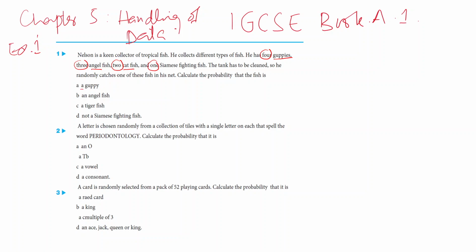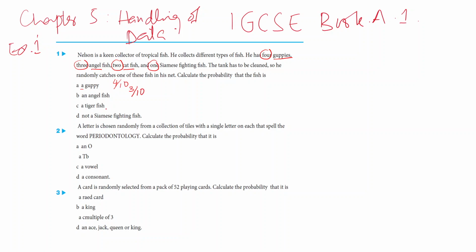So how many fish in total? 4 plus 3 is 7, 8, 9, and 10. In total there are 10 fish. And how many guppies? 4. So the probability of having a guppy will be 4 out of 10. And an angelfish will be 3 out of 10.